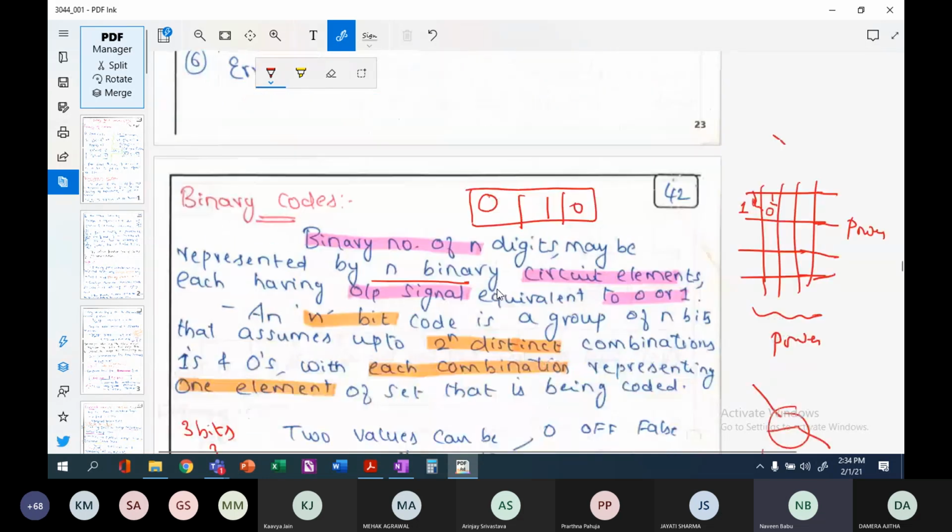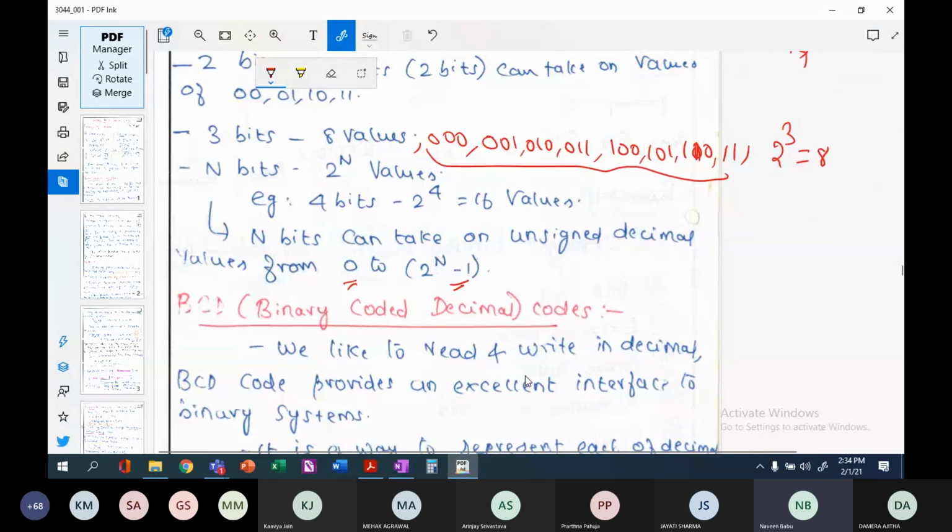What is BCD? Why are we giving so much emphasis on BCD? As humans, we can read the decimal values from 0 to 9. When people started working on binary systems, the one thing that was easy for them to interpret between decimal and binary was the BCD code.